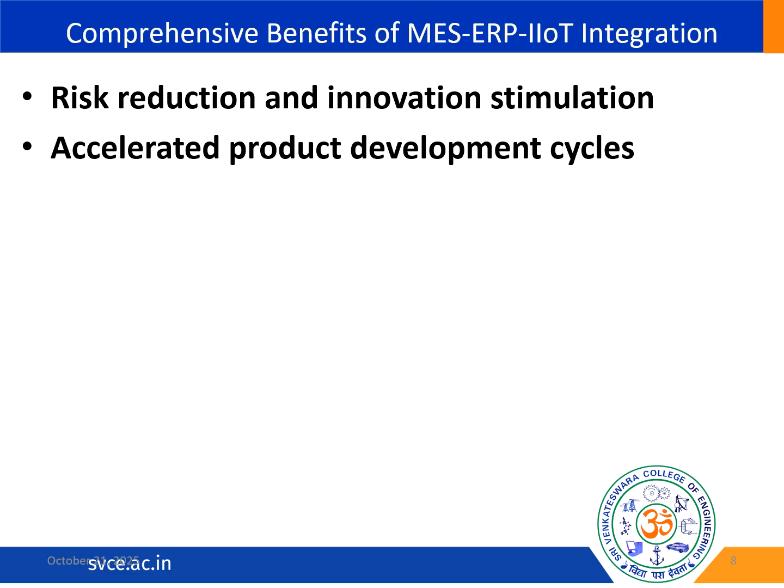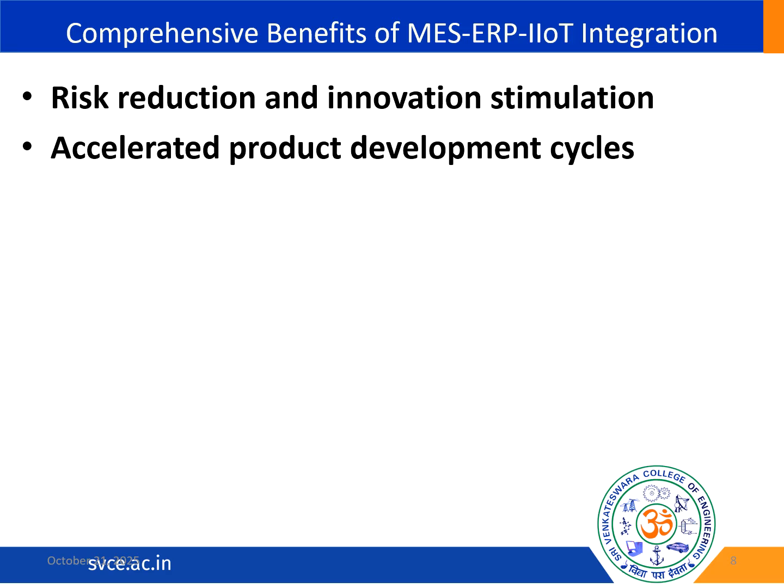Moving on to the next part, we have two things: risk reduction and innovation stimulation, and then accelerated product development cycles. When you consider risk reduction and innovation stimulation, MES is integrated with IIoT systems. Predictive maintenance and supply chain management allow manufacturers to optimize production processes, and it can significantly reduce operational risk.